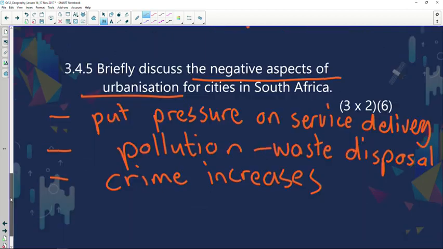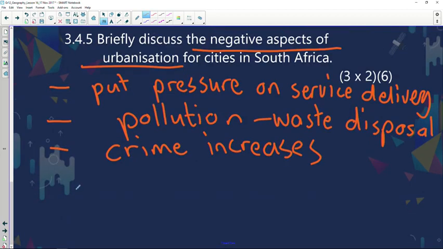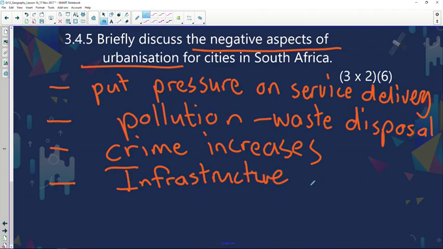So unfortunately, they move over to crime. Another reason what we can see over there as well, the infrastructure will take strain. So the government will have to spend more money to keep it intact.